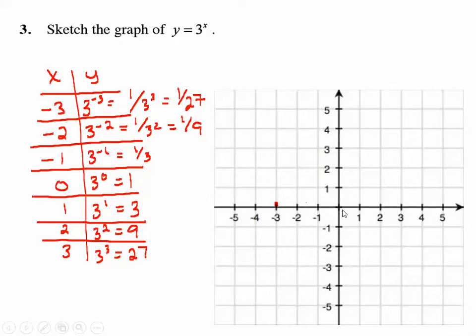Negative 2 is 1/9, slightly further up, not by much. 1/27 and 1/9 are weird ones to graph. Negative 1 is 1/3, about a third of the way up, about right here.